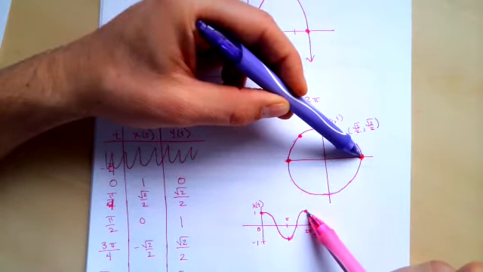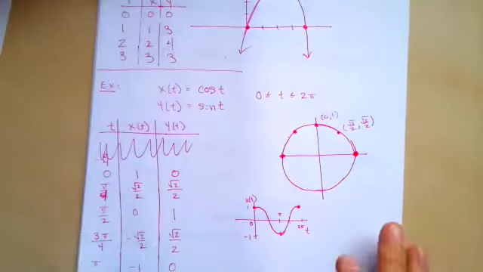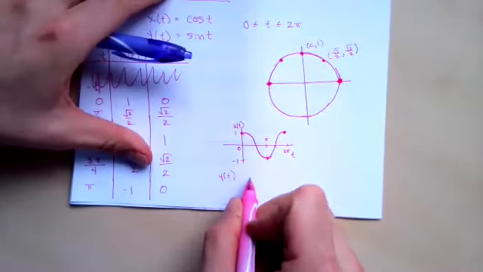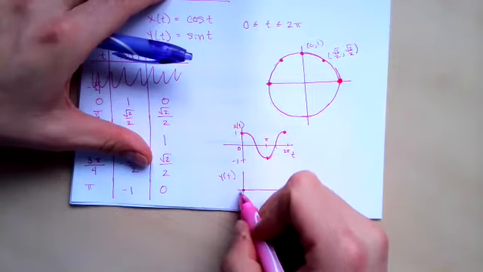Everyone kind of see that? And we can do the same thing with our y-coordinate. Since y is sine, what's sine going to look like?